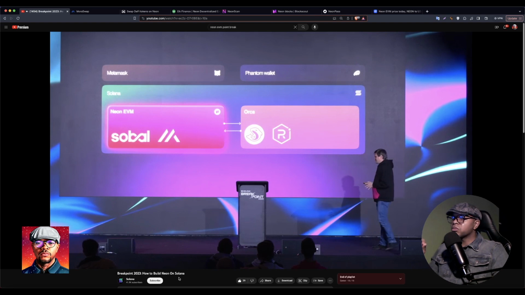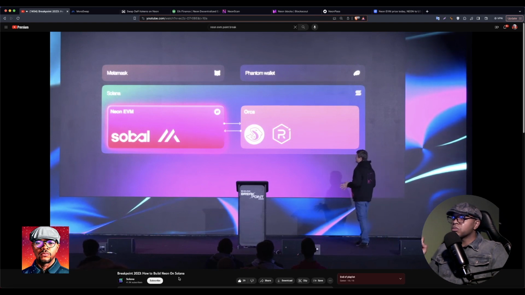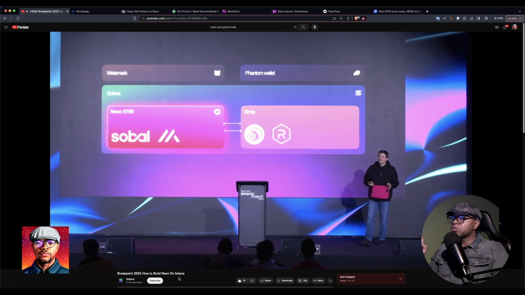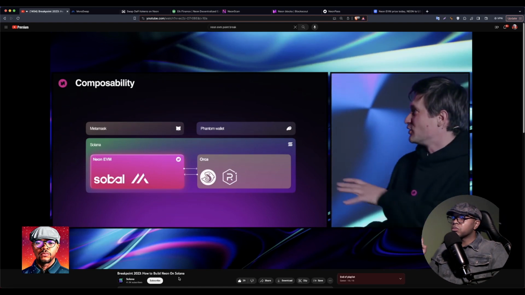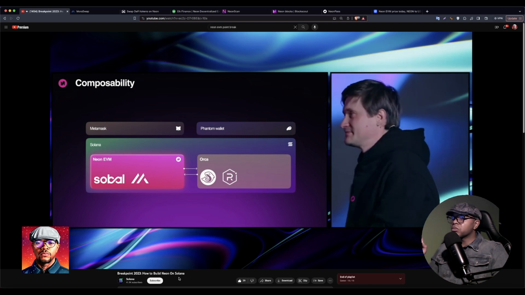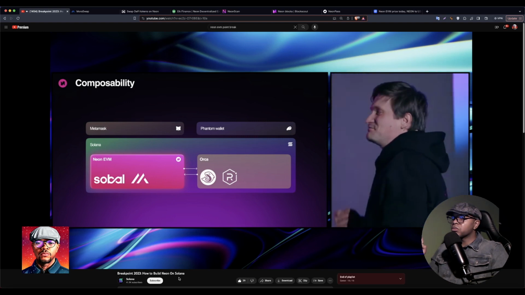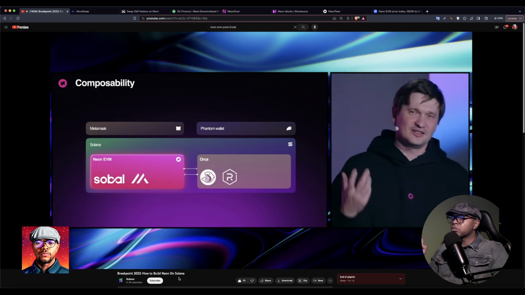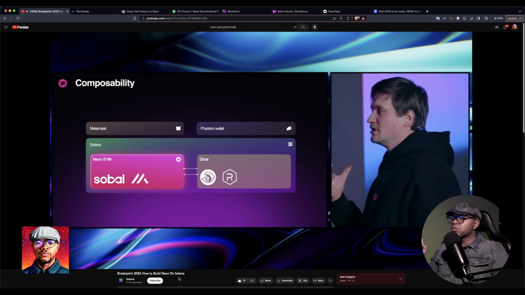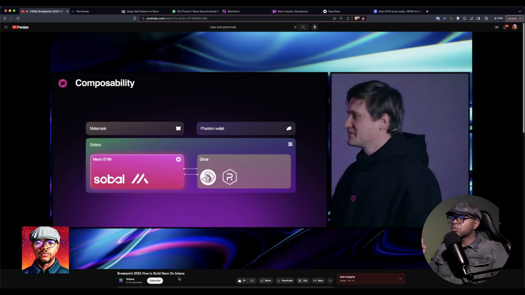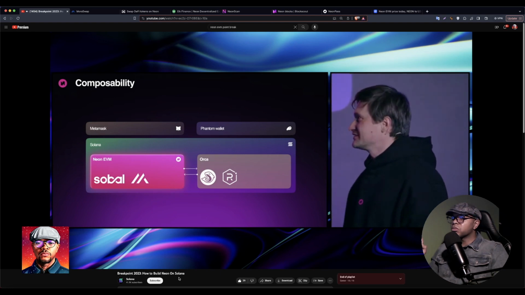The next moment, an exciting use for developers: we are working on compatibility between Neon EVM contracts and Solana programs. It's the most popular question which we heard at different events, at different conferences. How is it possible to call a Solana program from a Solidity contract?